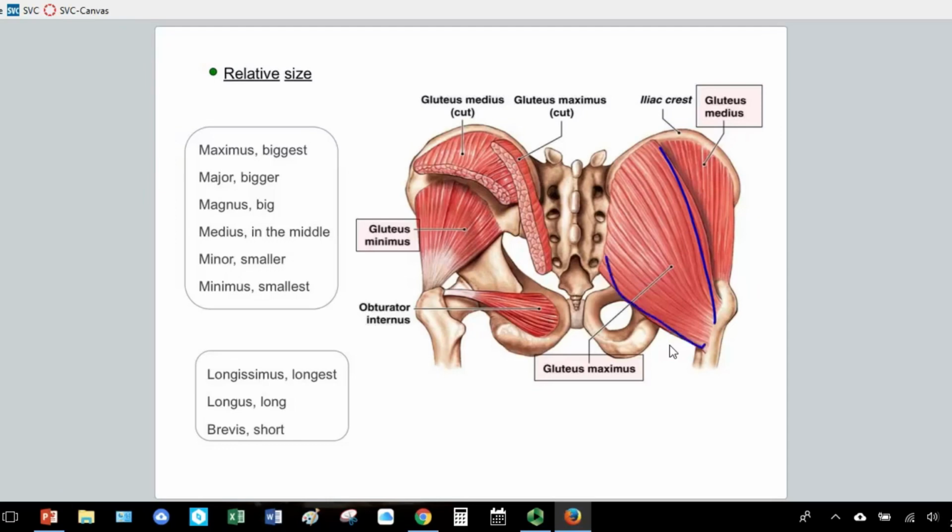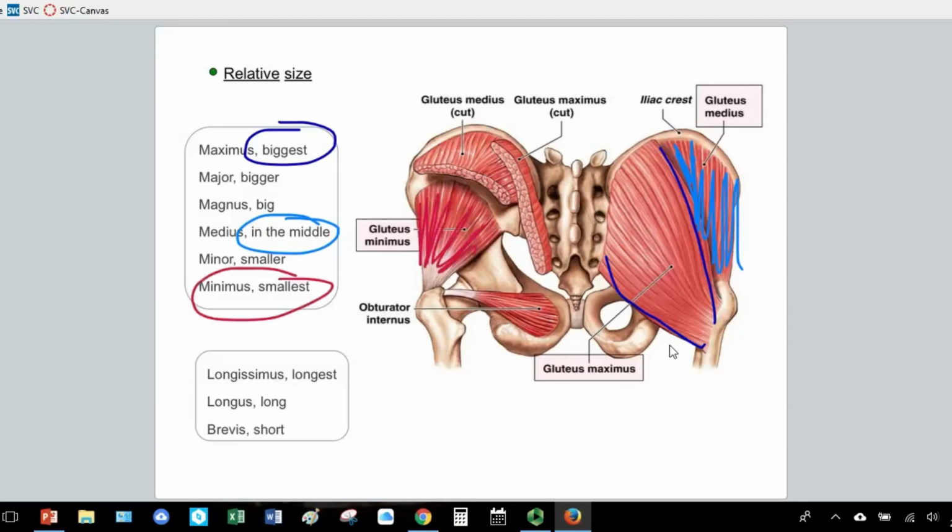Here's the gluteus maximus, which is the biggest of the gluteal muscles, but we also have the gluteus medius underneath that, and that's in the middle with regards to size. And then we have the gluteus minimus, which is the smallest. So we can name these based on size. And these are some descriptive terms that deal with size, but these deal with length instead of volume, I guess.